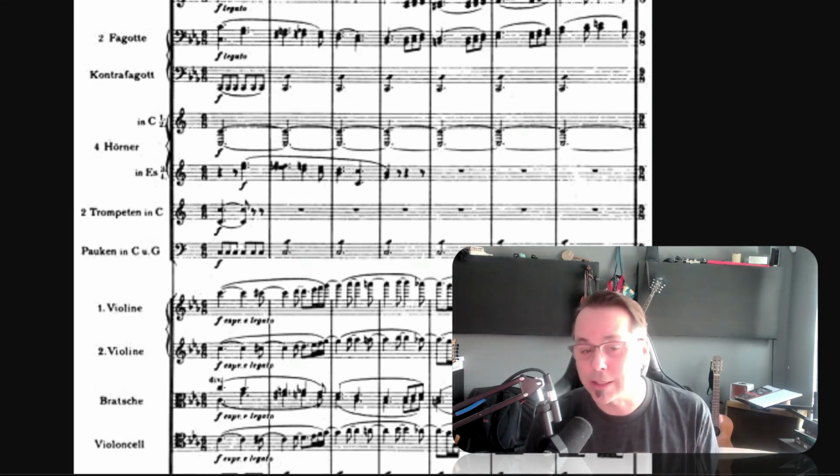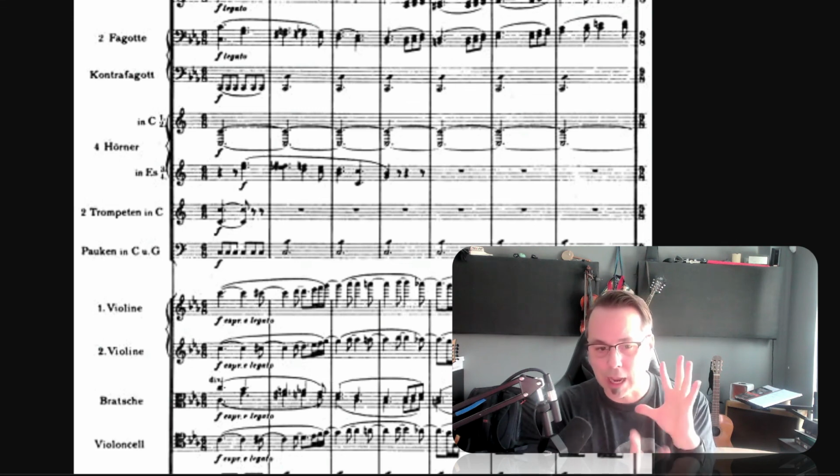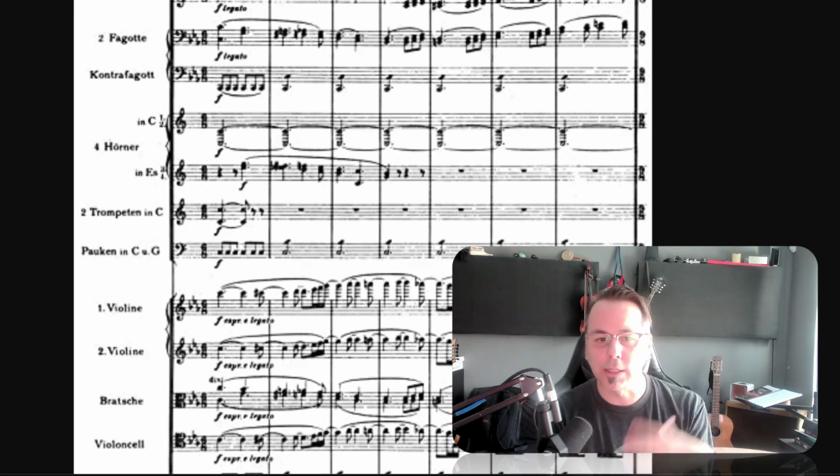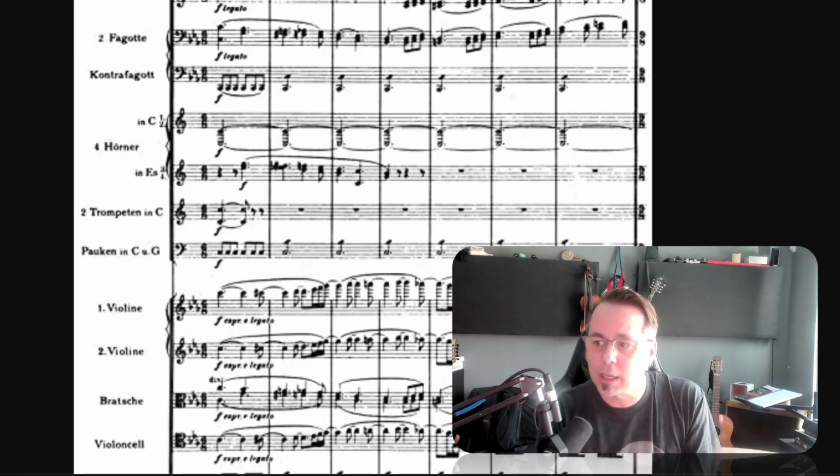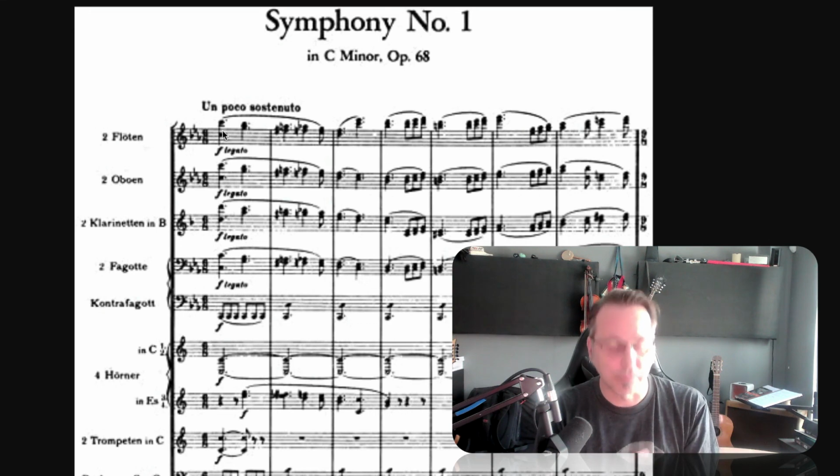That's orchestration. That's what it's all about: how all of these sounds work together to make a unique palette of colors, I guess. So that's orchestration, but we're going to start with instrumentation. So let's go to a new video and talk about what we mean when we talk about instrumentation.